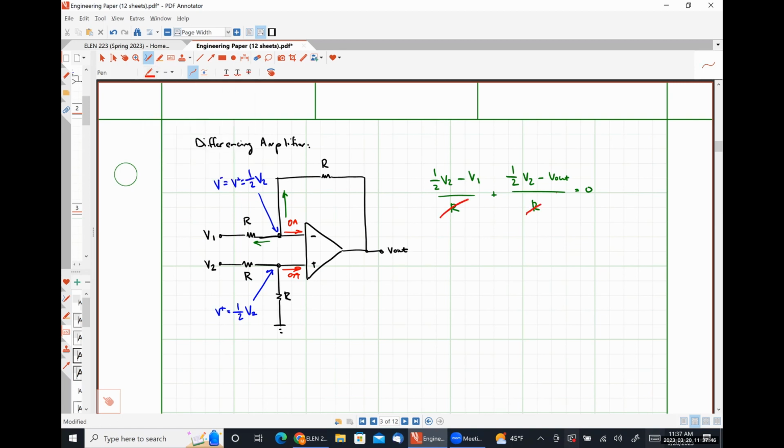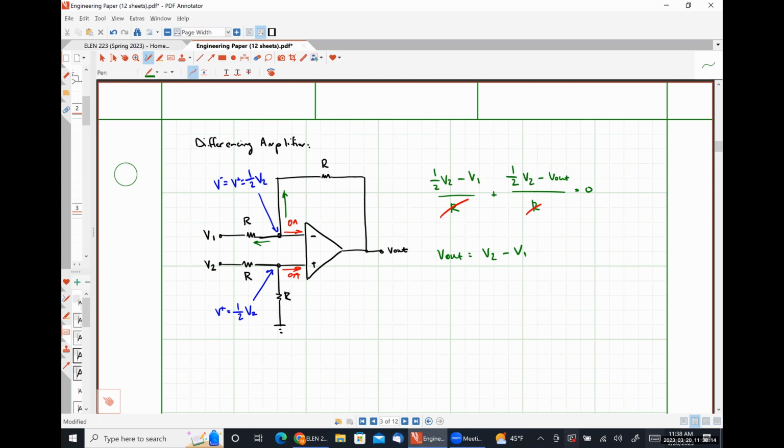Since we have a common factor of 1 over R, we can multiply both sides by R, and conveniently for us, 0 times R is still just 0. So we can just throw away those denominators. And we're going to move V out to the other side, giving us a relationship of V out is equal to 1/2 V2 plus 1/2 V2, or just V2, minus V1.